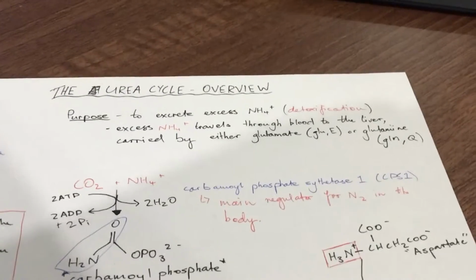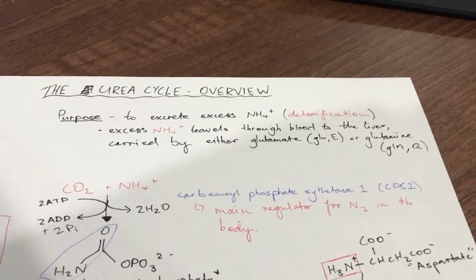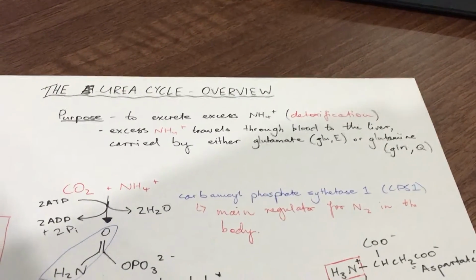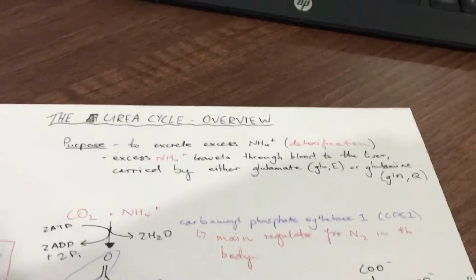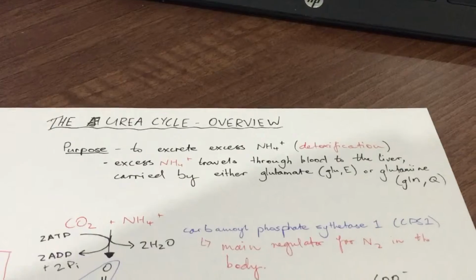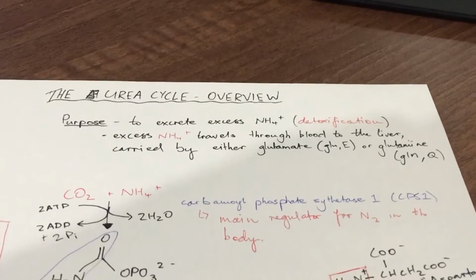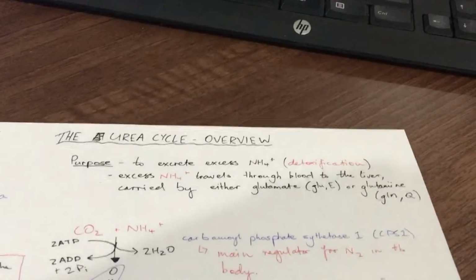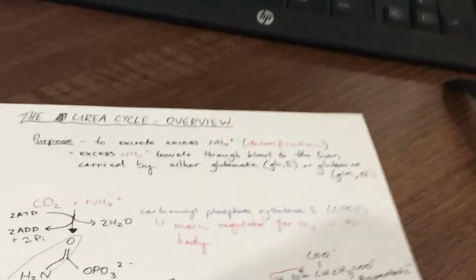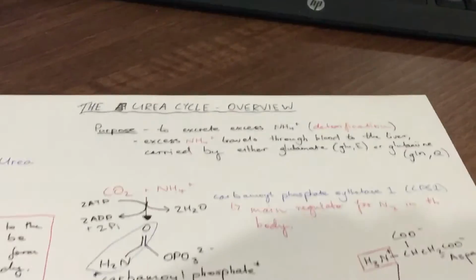So the main purpose we have here is to excrete excess ammonium ions from our body, and this process is known as detoxification. What's interesting to note is that in the human body, this form of nitrogen can come into our bodies from the organic material that we eat.